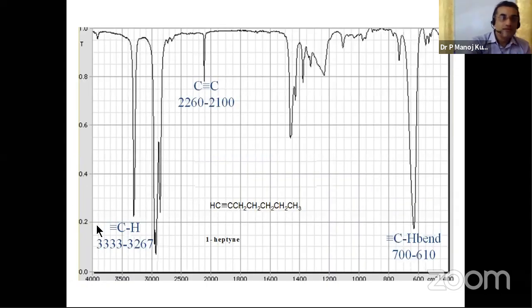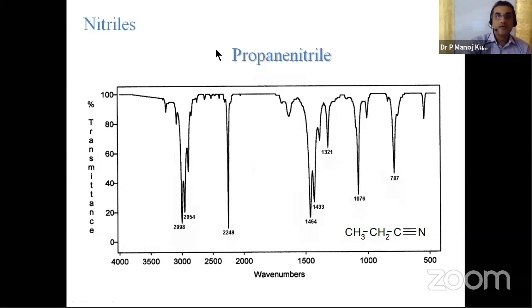Same pattern. CH, always these double bonds, triple bonds will come after 3000. Above 3000, you can see alkene, alkyne, aromatic, all of them will show above. Alkyne CH will be highest, 3267 to 3333, and C triple bond C, this much. Nitriles, C triple bond N, you see here, you are getting a sharp band over here.